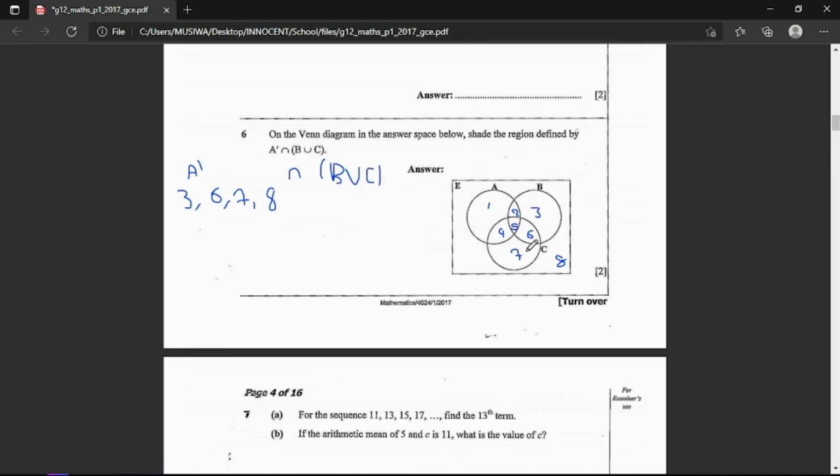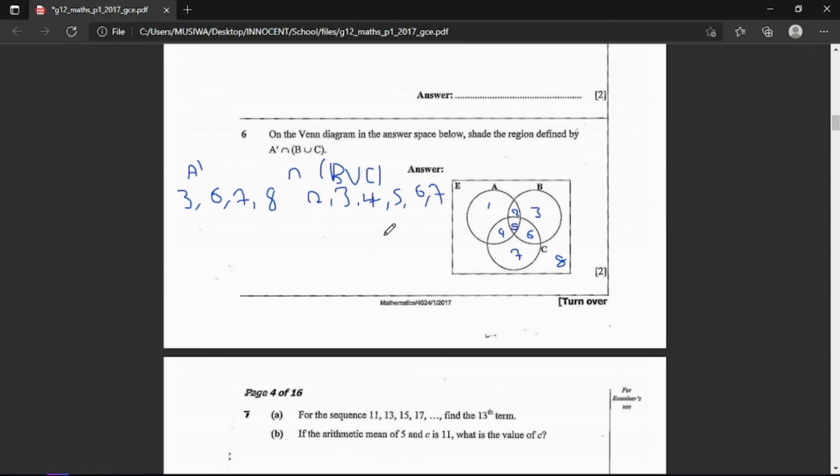We combine B and C. If we combine B and C, we'll have 2, 3, 4, 5, 6, and 7.